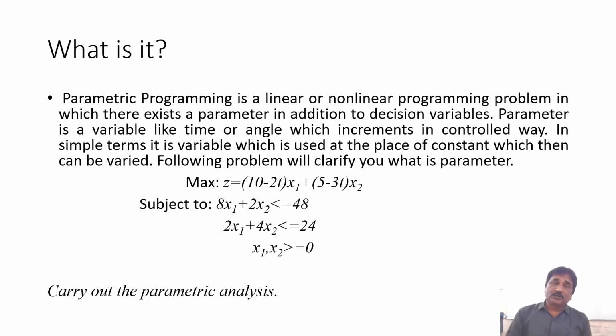But in the objective function, it was normal to see 10x1 plus 5x2, but we have the inclusion of one more variable there: (10 minus 2t) x1 plus (5 minus 3t) x2. So t is doing the job of variabilizing the constant coefficients.